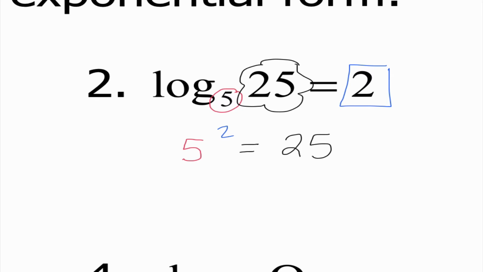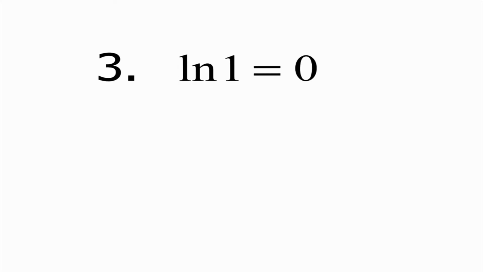Can't we just put log in our calculator? I just want to remind you that at the moment, we only know how to use 2 bases in our calculator, a base of 10 and a base of e. At this point, I don't know how to do log base 5, so that's why it's important we know how to change forms.